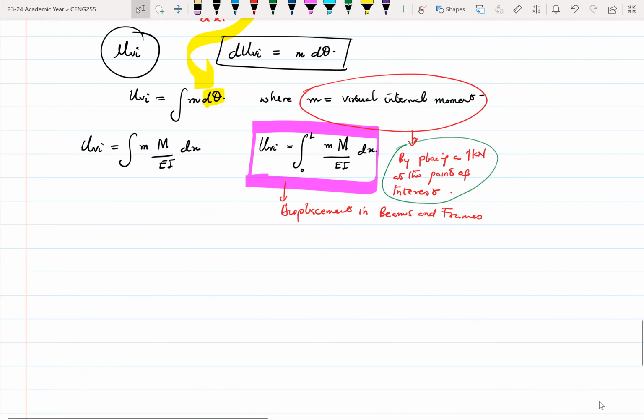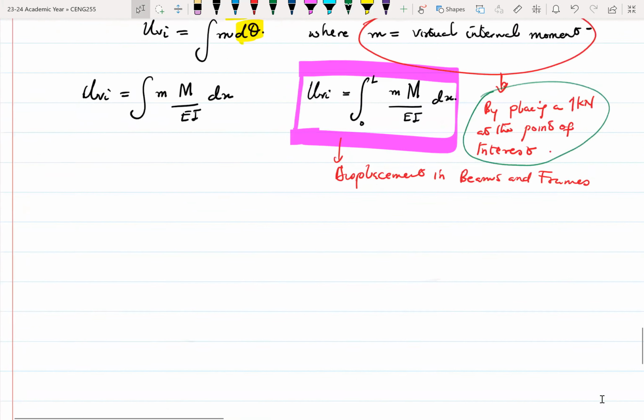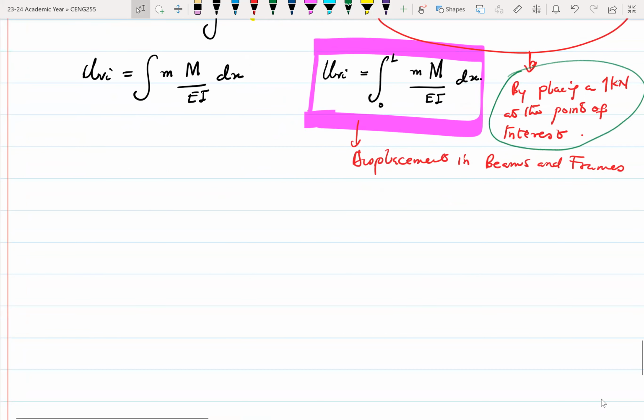So UVI. Let me complete the equation so that everything makes sense. We know that UVI is equal to UVE, so the external work is the same as the internal work done. Let me just reverse their positions.